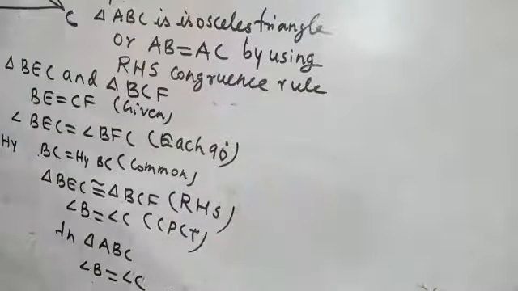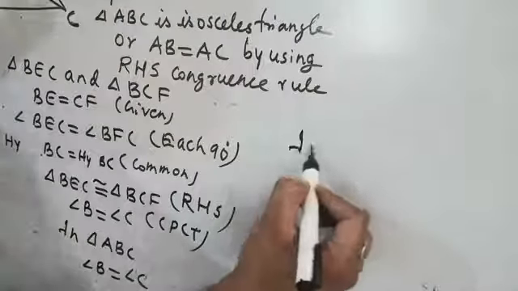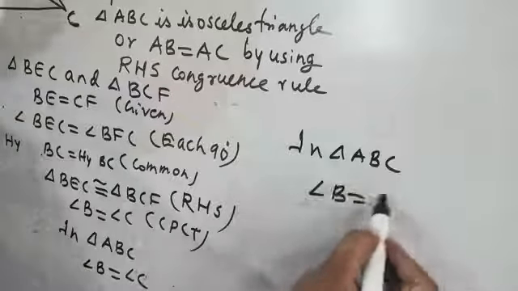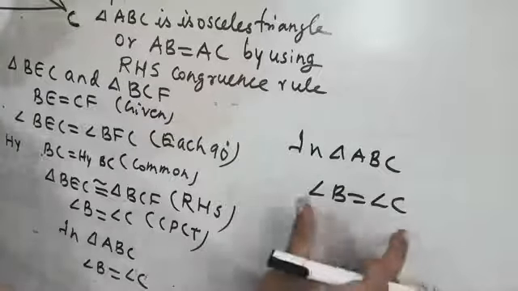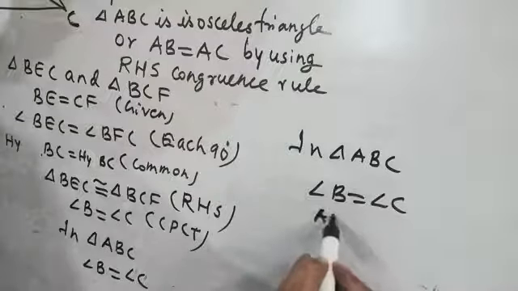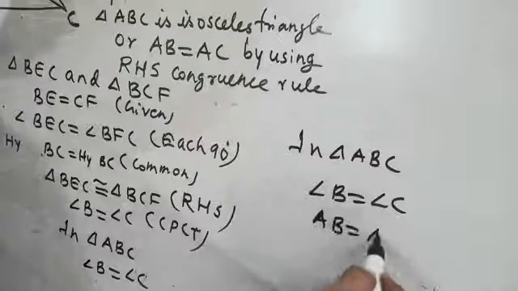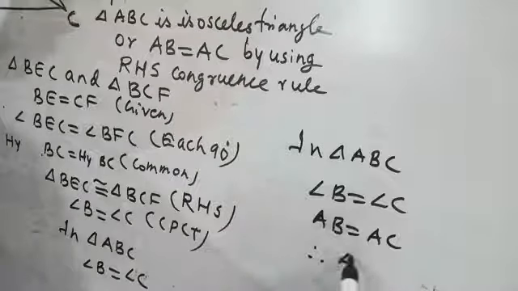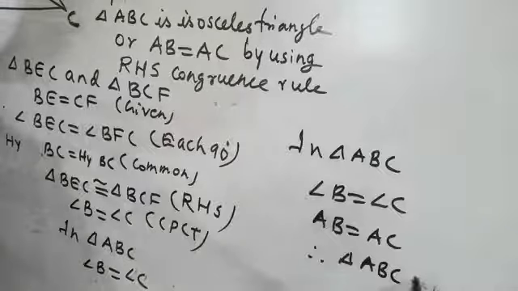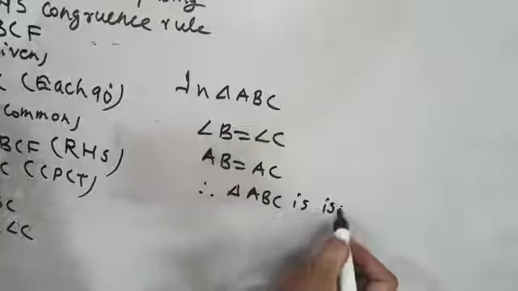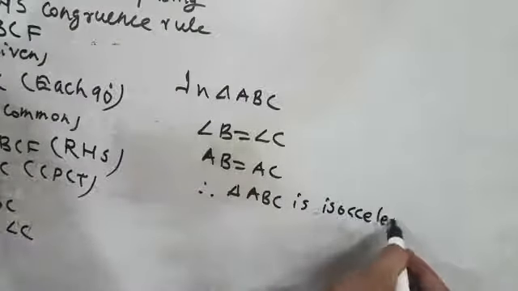So therefore we can write, in triangle ABC, angle B is equal to angle C. It is given. The opposite sides are AB and AC. Therefore, triangle ABC is an isosceles triangle.